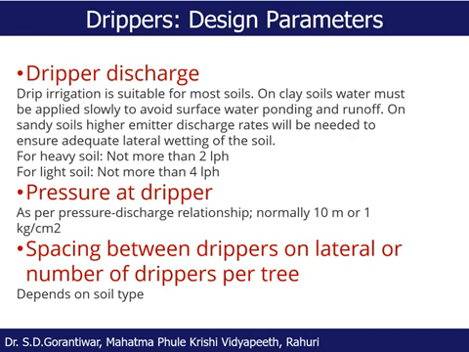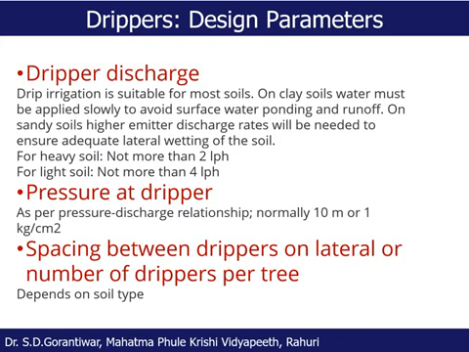For example, instead of 10 meters, if it is 8 meters, then instead of 4 liters per hour discharge at 10 meters, you will get 3 liters per hour, and you will consider that you are getting 4 liters per hour and apply water accordingly. But that is not actually the case. So pressure is to be maintained. For that, pressure gauges are there, and the pump is to be operated accordingly.